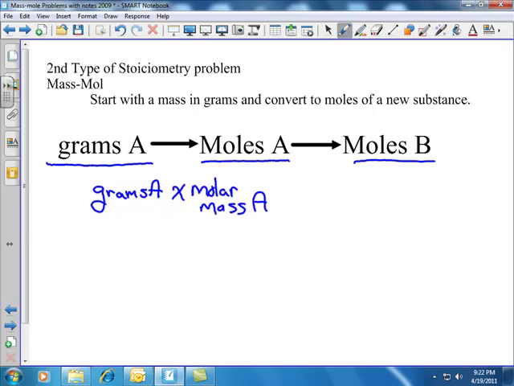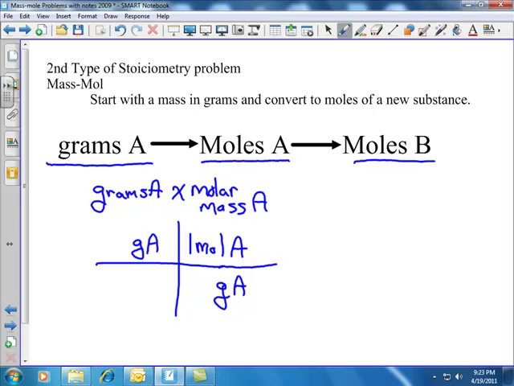So we want to multiply by the molar mass of A. If I set this up in my T box, I'm going to take the grams of some compound A and multiply it by the molar mass, which means I'm going to put 1 mole of A up on top, divided by however many grams there are of A in that particular mole. If I do that, my unit right now would just be moles of A. And now I'm basically back to the problem I did yesterday.